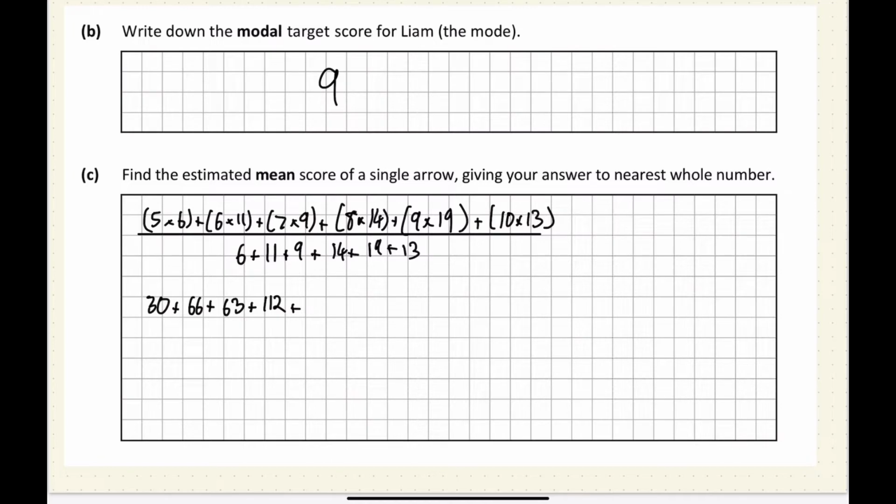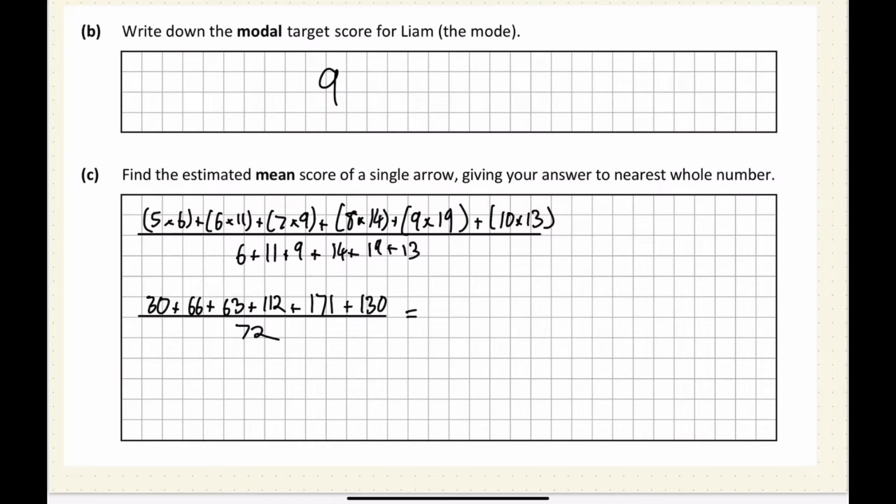Okay, I'm going to have to get the calculator for that. 9 times 19 is 171. Plus 130. Okay, all of that over 72. Which is going to equal, so let's add them up.